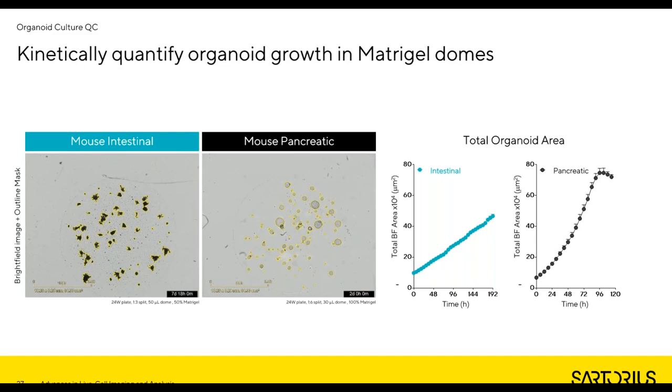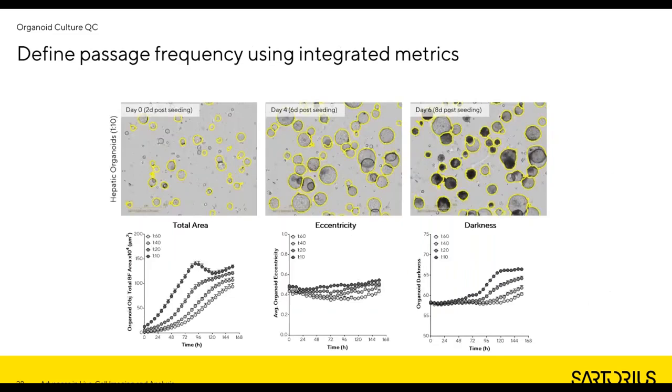And we can see from the corresponding time courses on the far right here that the software is able to track changes in size and area and as a total population within the dome. And we can see that this is really cell type specific when we compare the two cell types shown here in this example.